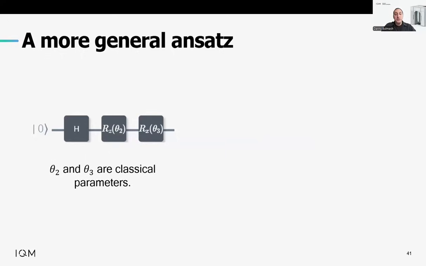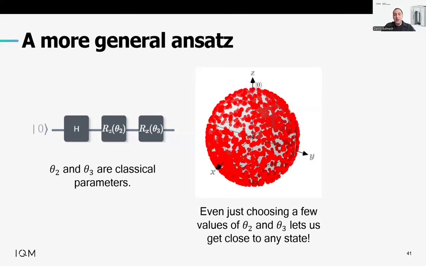So here's another possible ansatz. We do two different rotations to our qubit. So theta 2 and theta 3 are classical parameters. And it turns out that choosing just a few different values of theta 2 and theta 3 actually lets us get all sorts of different states that are all over the Bloch sphere. We don't have to pick a lot of different values for theta 2 and theta 3.